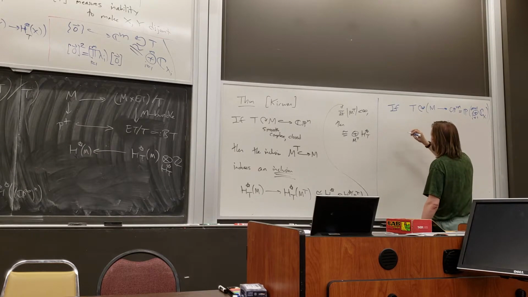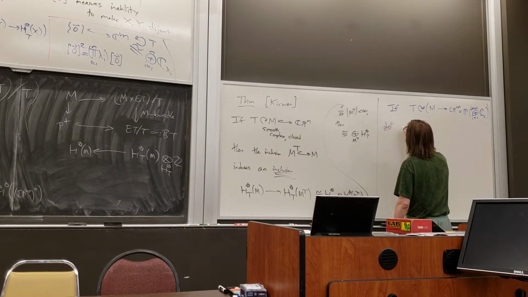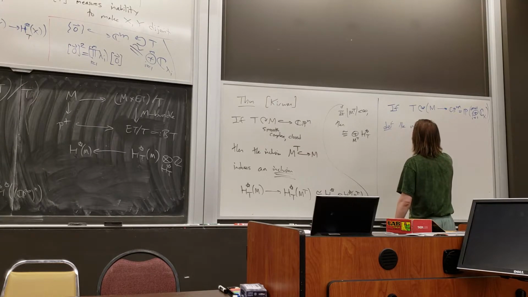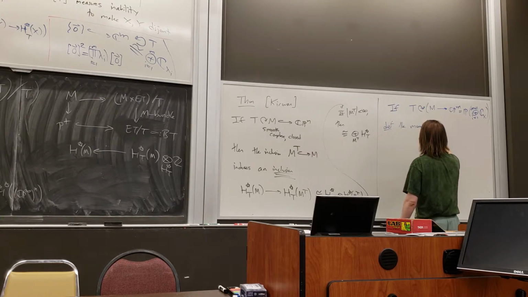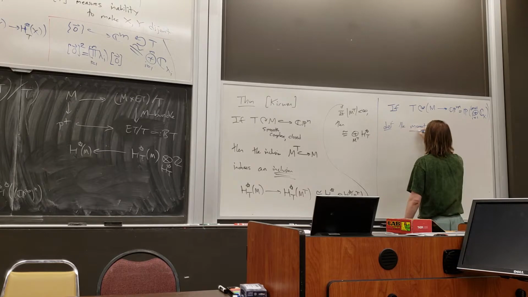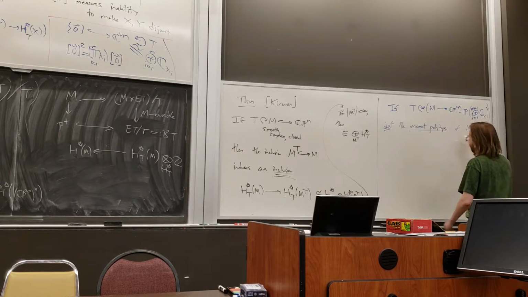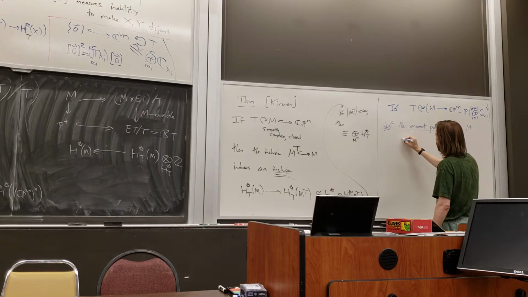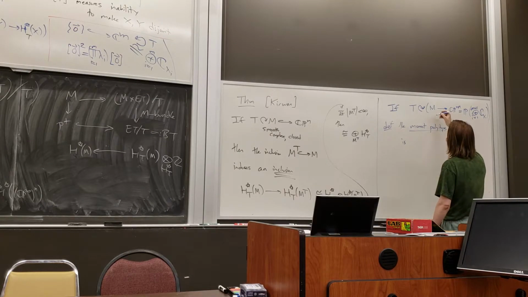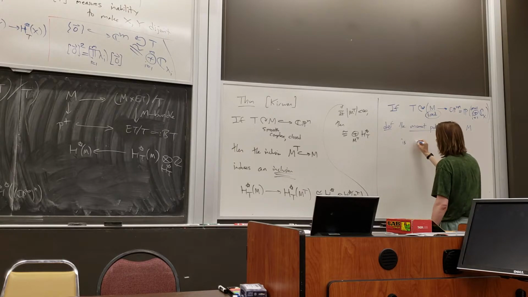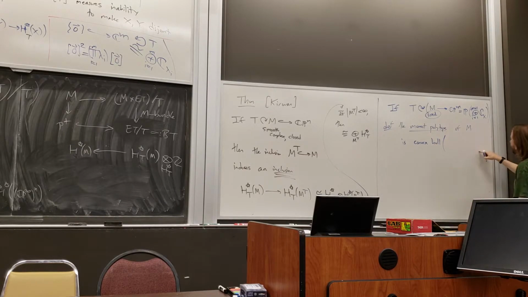Then I want to define the moment polytope of M. Let me assume this guy is irreducible. It is the convex hull of, I take the T fixed points.